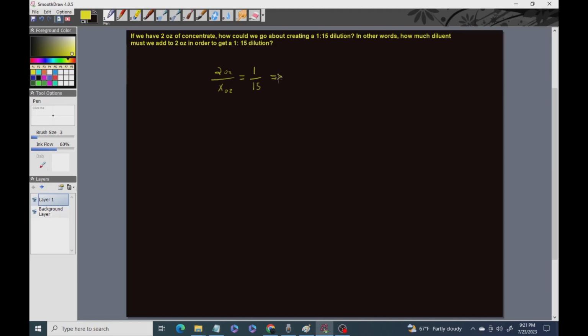If we cross multiply, we would get 15 times 2 ounces is equal to x times 1, which is x ounces. 15 times 2 is 30 ounces, which is equal to x ounces. So x would be equal to 30 ounces.